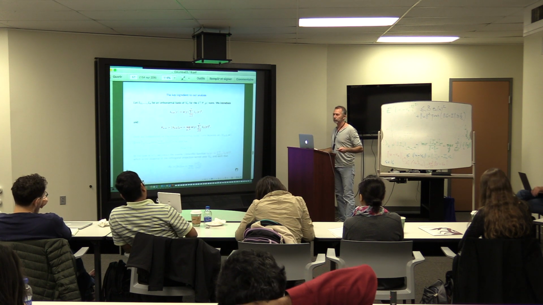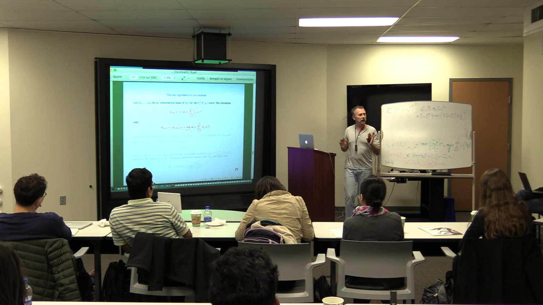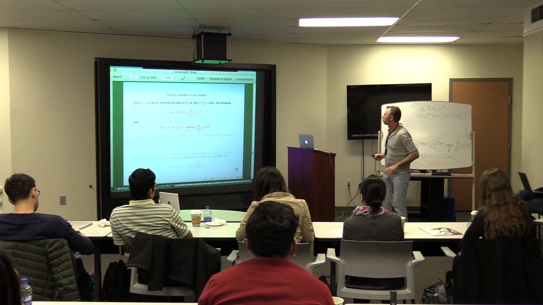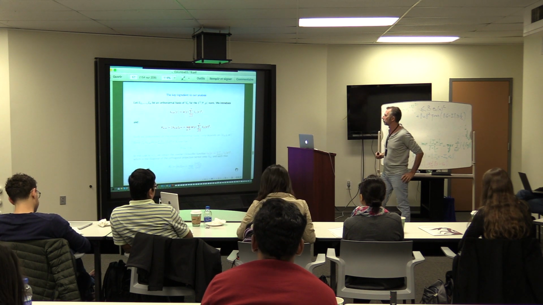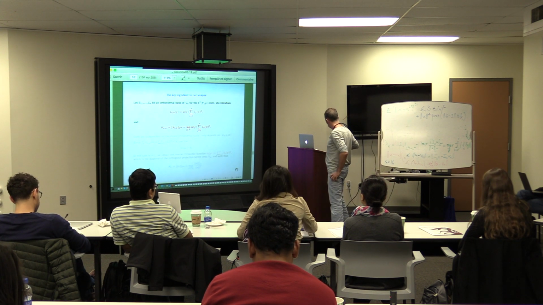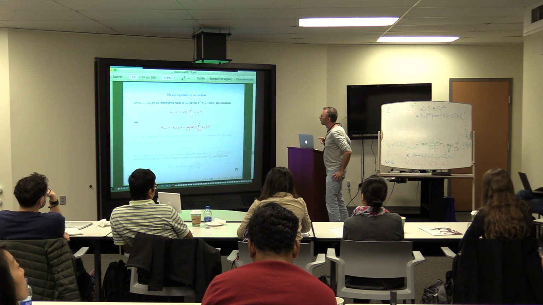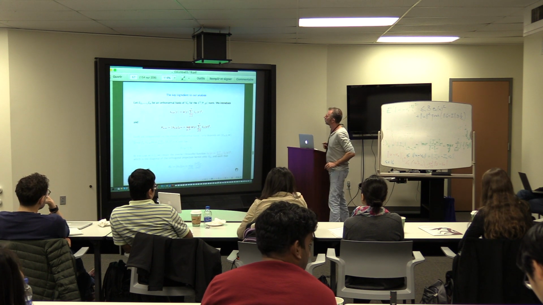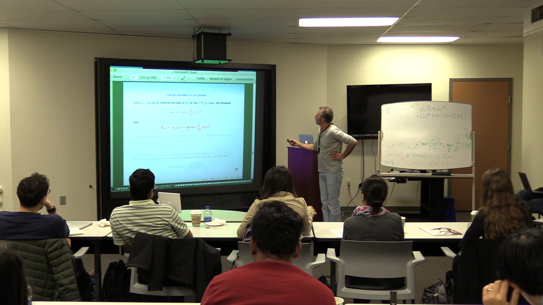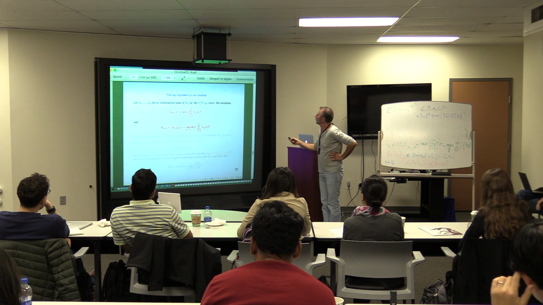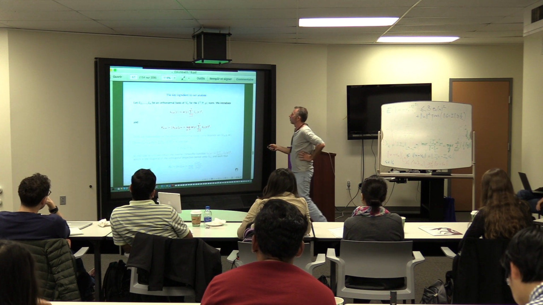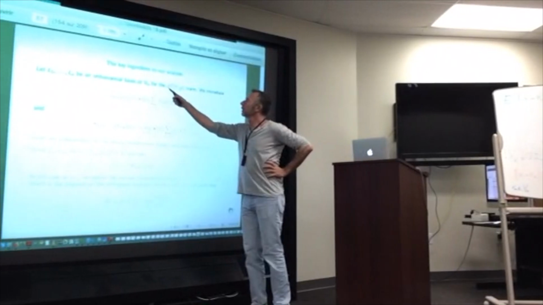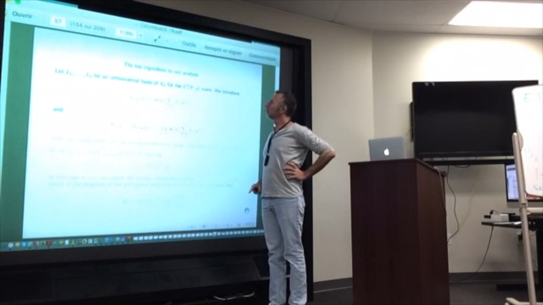So here we go. There's going to be a key ingredient to our analysis. Let me say what it is. Remember, L1 to Ln is an orthonormal basis of Vn for this norm.